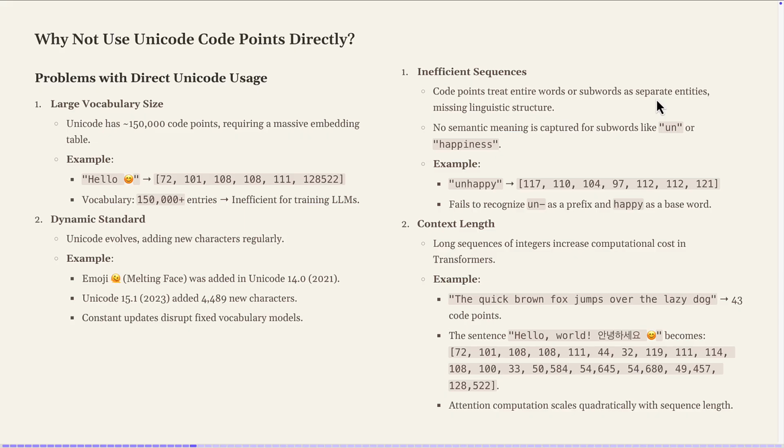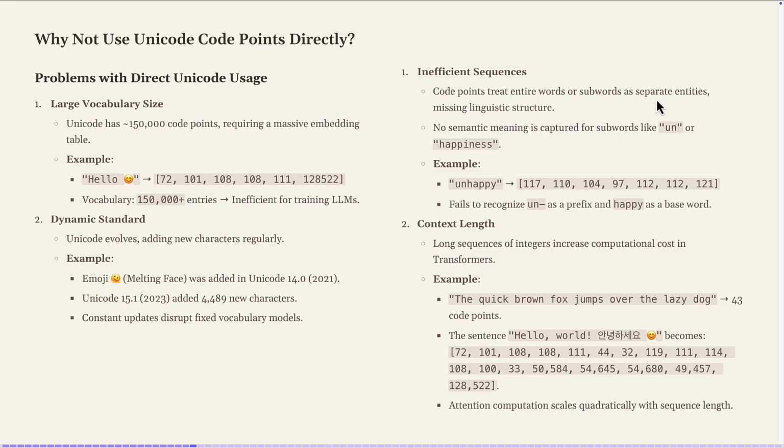And Unicode, for example, in 2023 has added 4,489 new characters. And there are constant updates that disrupt the fixed vocabulary model. A tokenizer is based on a fixed vocabulary. And in our case, with the Unicode code points, our vocabulary will not be fixed because it can be subject to updates.